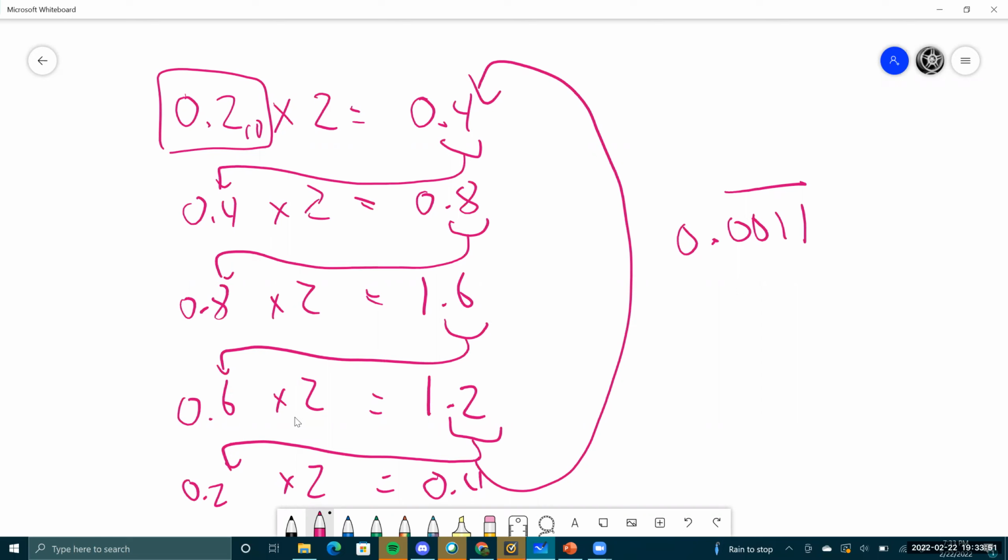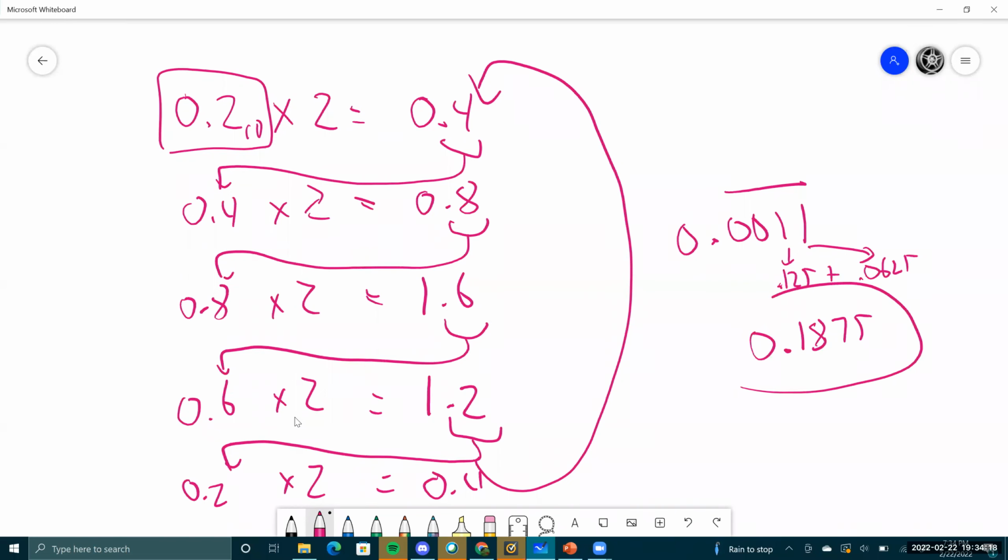So what happens if I just leave it as 0011? What's the value here? So this is 1/2, 1/4. So this is 0.125. And this value is 0.0625, right? So if we add it together, this is 0.1875.